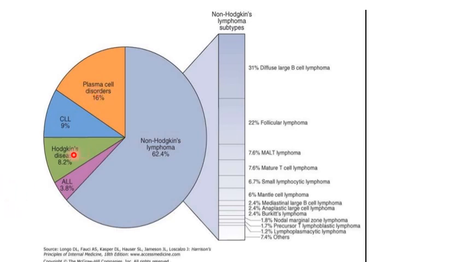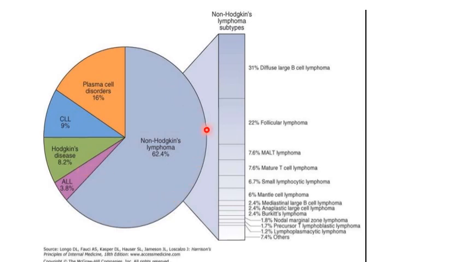Then Hodgkin's disease comprises 8.2%, followed by the hematological lymphoproliferative diseases, that is chronic lymphocytic leukemia and acute lymphocytic leukemia.